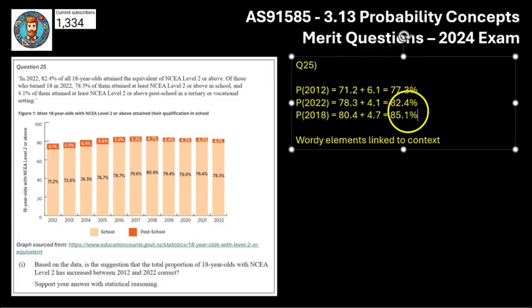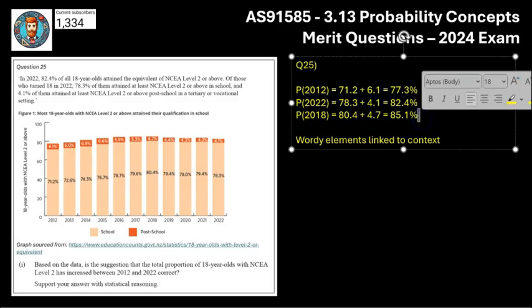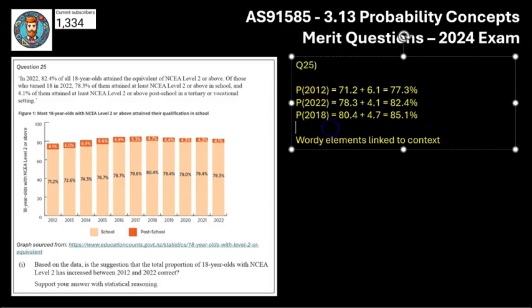That's interesting, so that's higher than the initial number we had. So I think there are two stories to tell from this graph. The first one is that, objectively, if you look at the start and end point of the graph, it has gone up. However, from 2018 to 2022, it's actually gone down. So I want to tell both of those stories as part of my answer. Let's get into that.